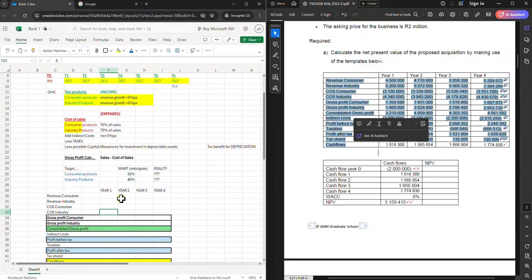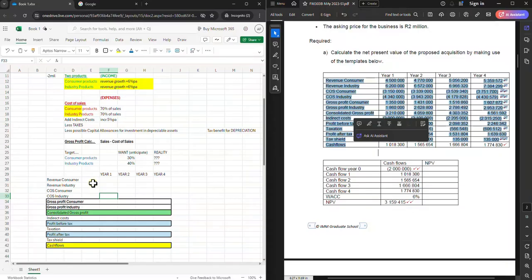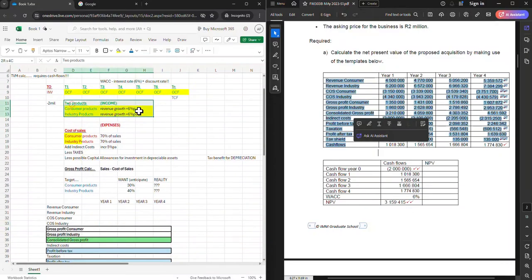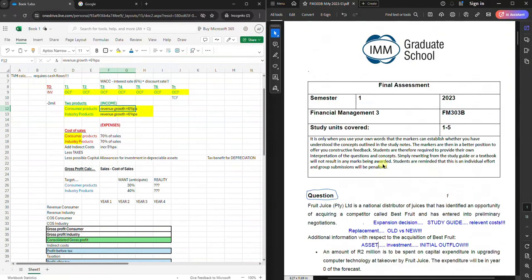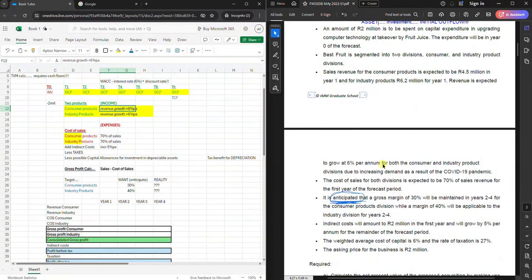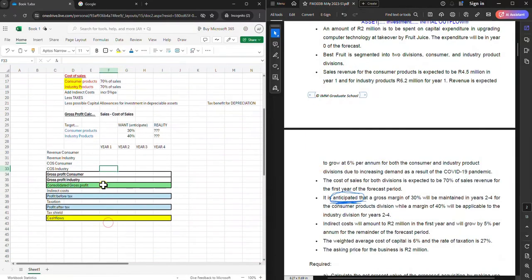Okay, so having read the scenario, we said there were two products earning revenue, and the revenue is going to increase by 6%. So we need to go back. Okay, let me leave that part up. All right, and then I'll just show it to you. So revenue for the consumer in year one, what was it? 4.5. 4.5 million.